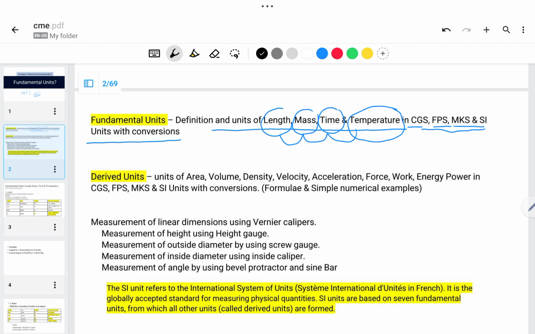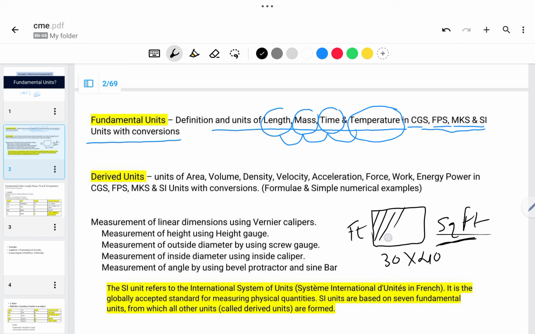If you want to purchase land, the total area is in terms of square feet, 30 into 40 square feet area. You are measuring this in terms of feet, that is foot or feet we call it. So in terms of a foot we call it area.